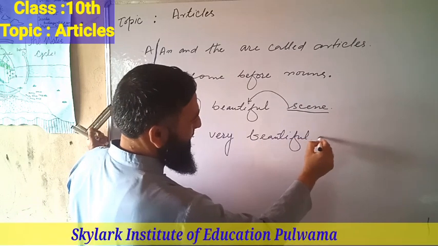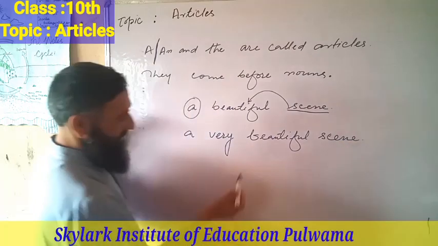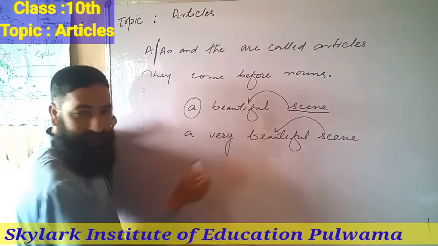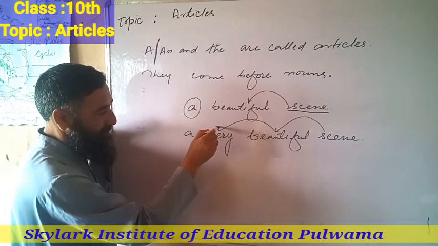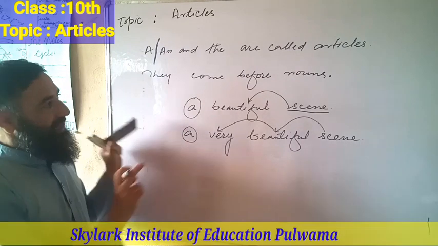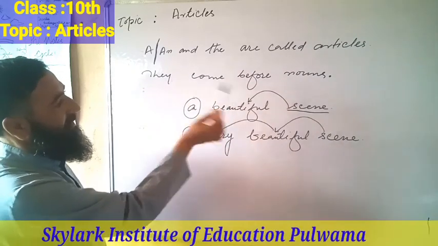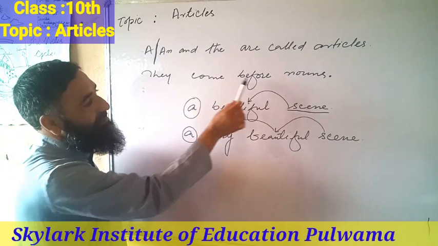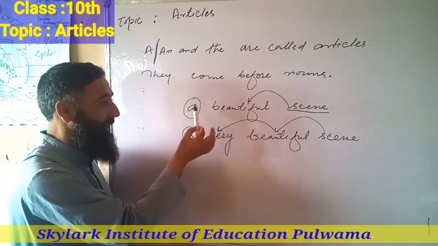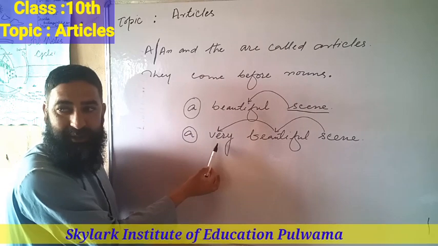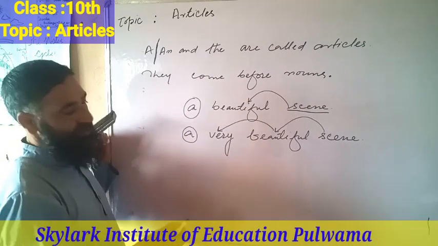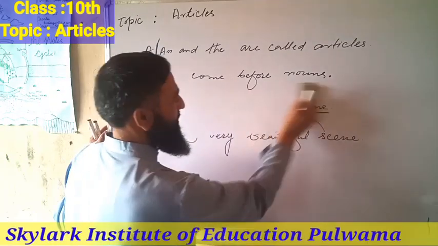See, this time the noun is preceded by an adjective, the adjective is preceded by an adverb, and the adverb is preceded by the article. Remember, articles come before nouns, but if nouns are preceded by adjectives, then they come before the adjective. If adjectives are preceded by an adverb, then they come before the adverb. So this is the fact, it goes like this.